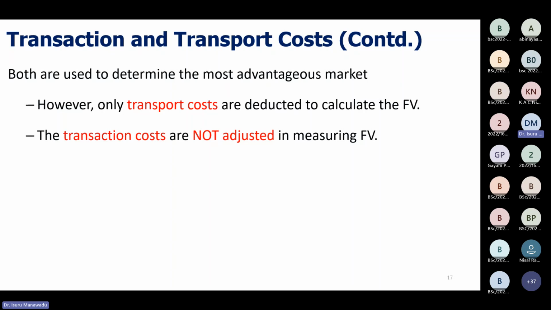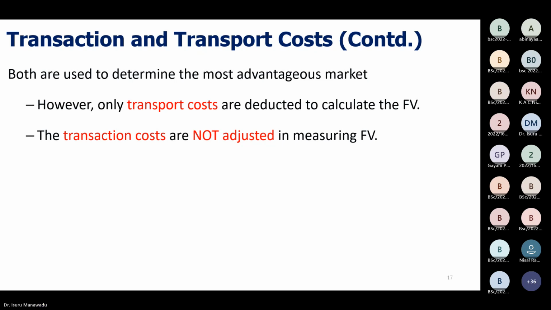Both are used to determine the most advantageous market. To identify the principal market, what were we using? Volume. To identify the most advantageous market, we considered both transaction cost and the transport cost.